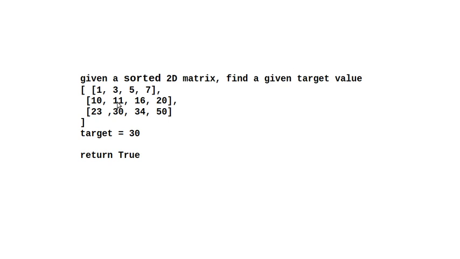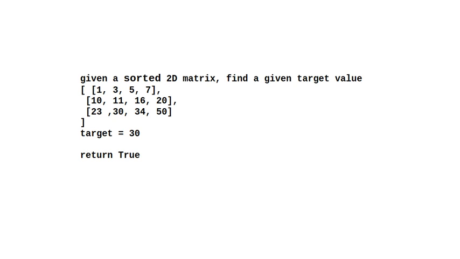In this case, we can think about the 2D array as a simple 1D array. When it's sorted, we could use binary search, so that's the most optimal way to do it. We could use the same thing even for the 2D array, but there is a small trick.